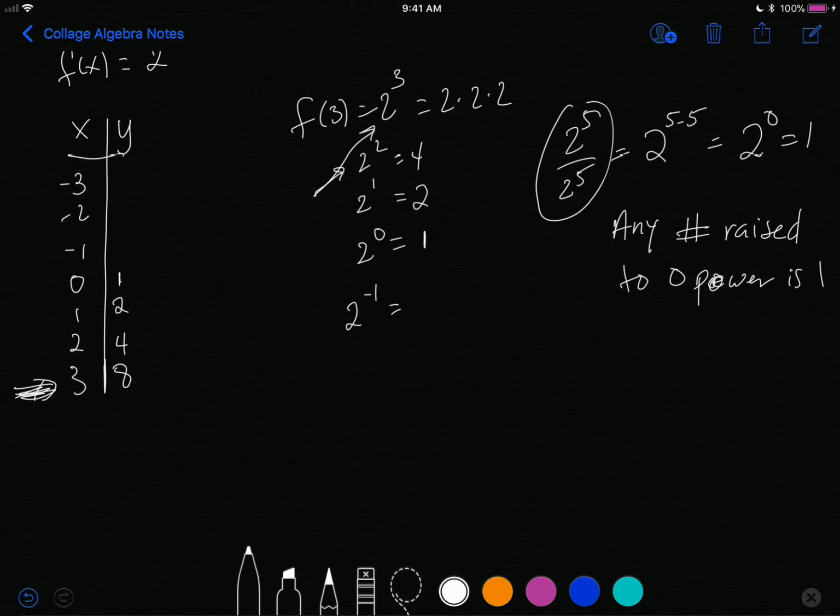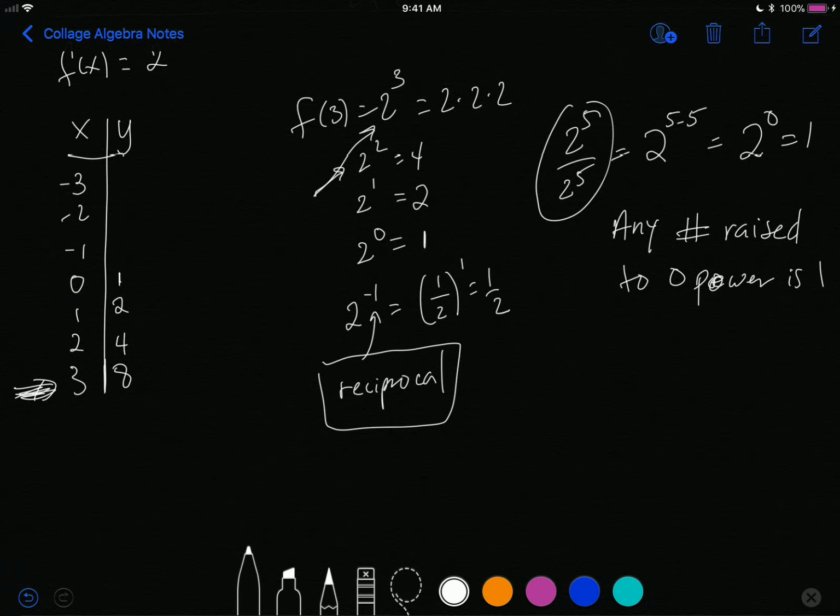A negative power indicates a reciprocal. This is a fact that you must learn. And so this is the reciprocal of 2, or 1/2, raised to the 1 power, which is just 1/2. So this right here is 1/2.